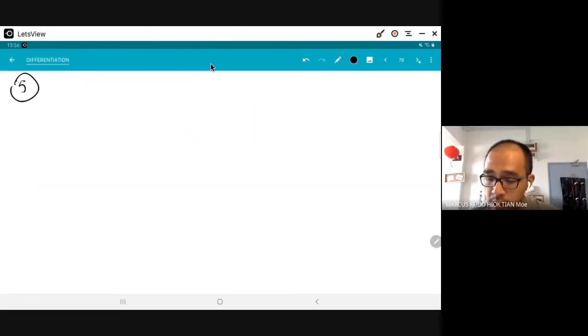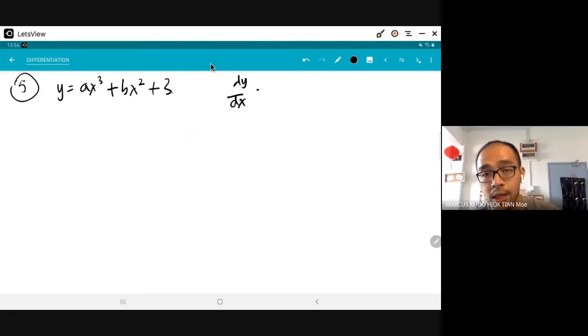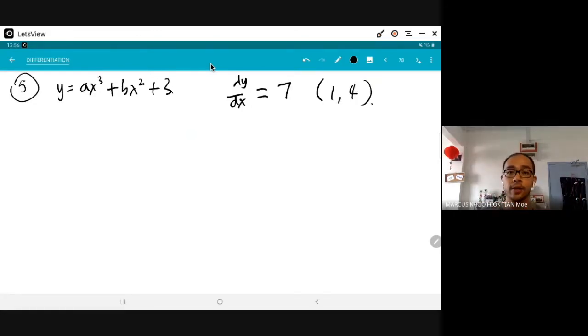Okay, given dy dx for the function, okay, so dia cakap the function is ax cubed plus bx squared plus 3. Dan dia bagi tahu dy dx adalah sama dengan 7 at the point of 1 and 4. Okay. So ini menggabungkan semua yang kita telah belajar sebelum ini ya.